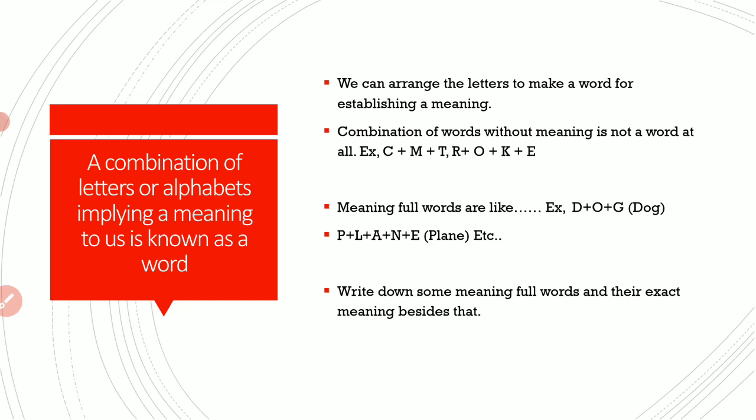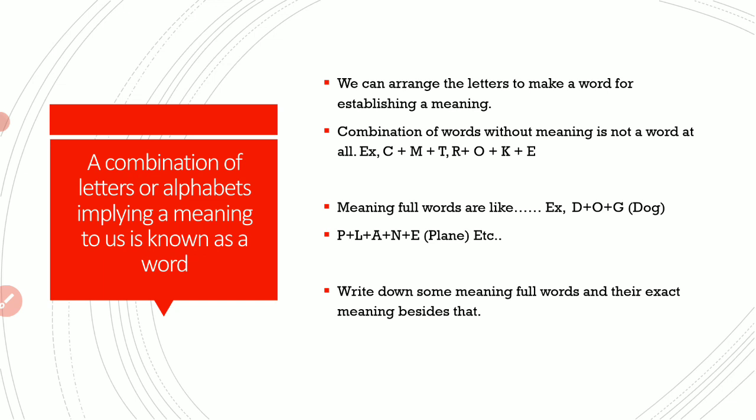Meaningful words are, for example, dog. We have a word like that, and we also have a meaning for that word. Dog means it is an animal, a pet animal, you can say. We have given the meaning to that particular animal, so that is why the word exists and we convey the meaning with that word.